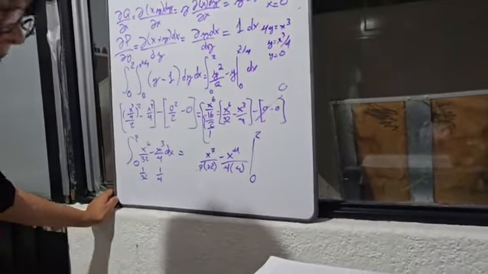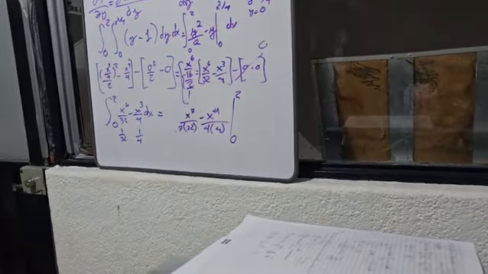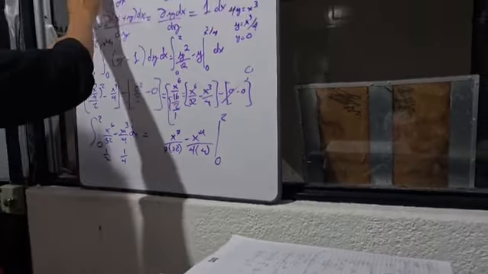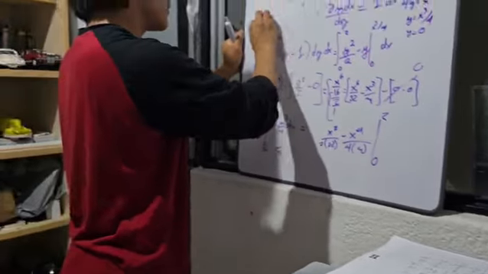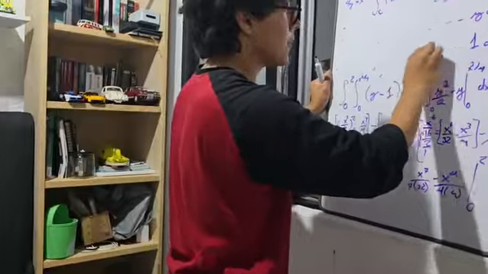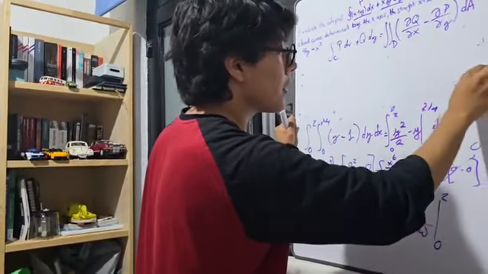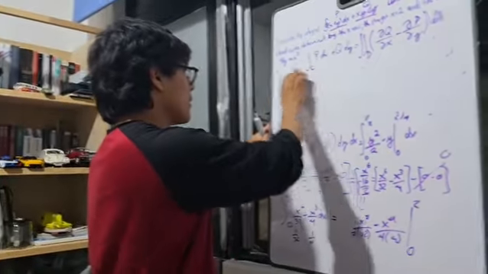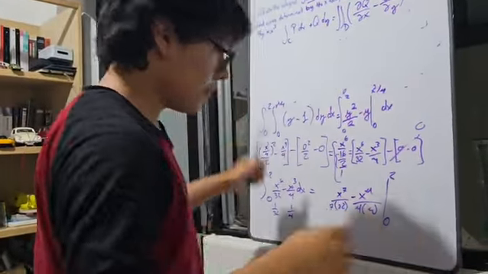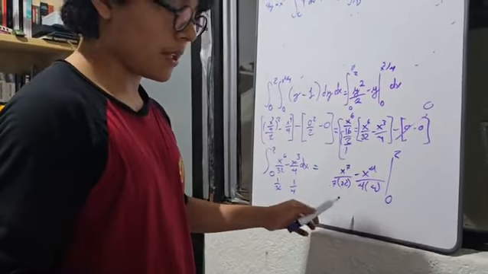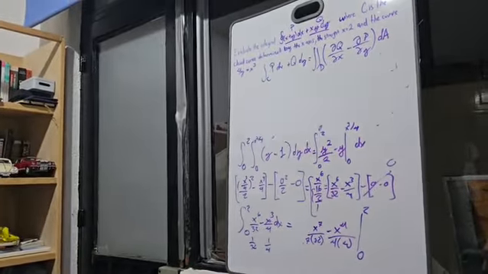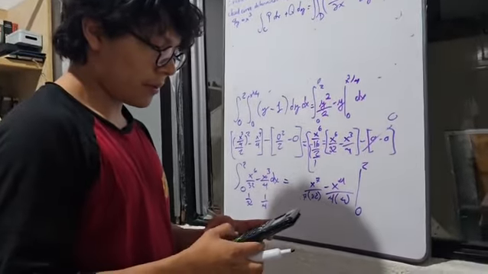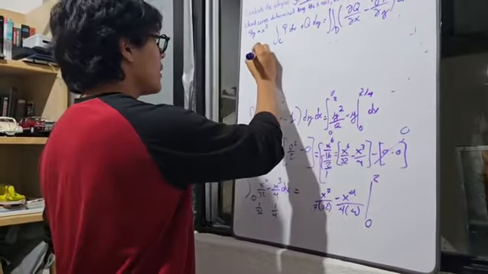I'm going to erase this so we can get more space, but this we already know, so it doesn't matter if I erase it. Now we follow this right here. So 7 times 32 will give us 224.